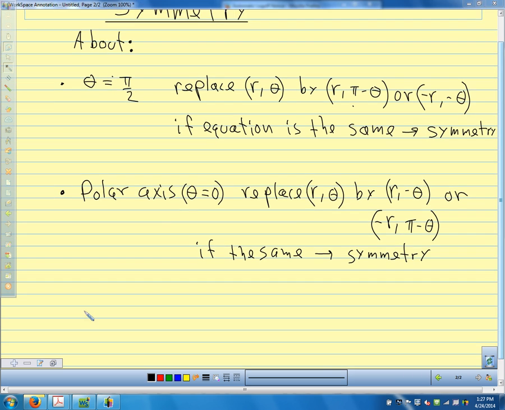And then our last place that we want to test for symmetry is about the pole. Remember, the pole is the origin. So we want to know if our graph has origin symmetry.